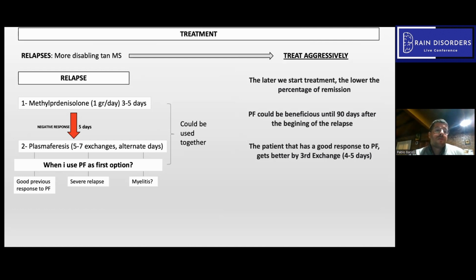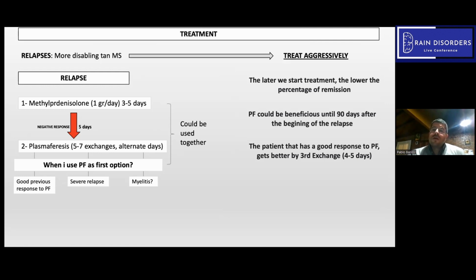I use plasmapheresis as first option if we had a good previous response in another relapse, if we have a severe relapse, or with myelitis. We don't know yet, but we could also use plasmapheresis as first option before methylprednisolone. So myelitis could be an indication.